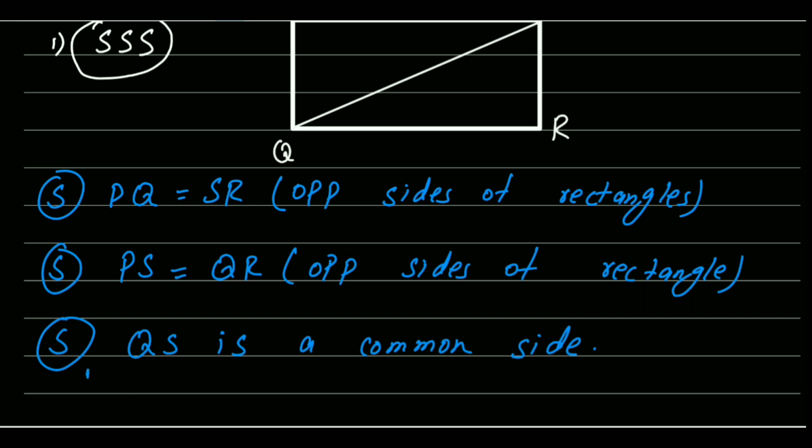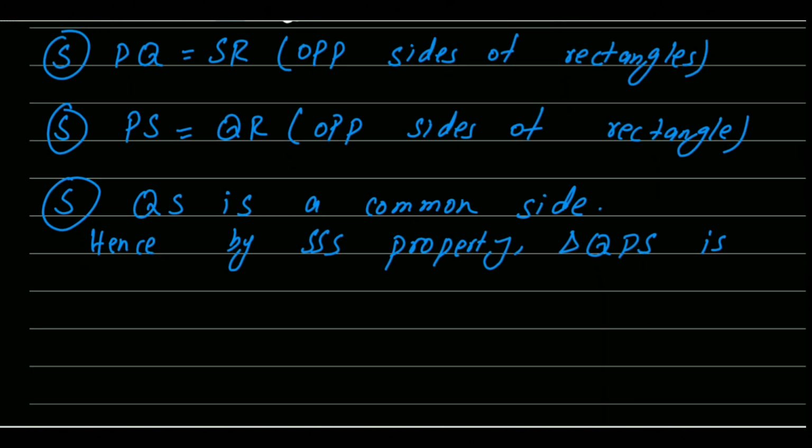So you can write: hence by side property, triangle QPS is congruent to triangle SRQ.